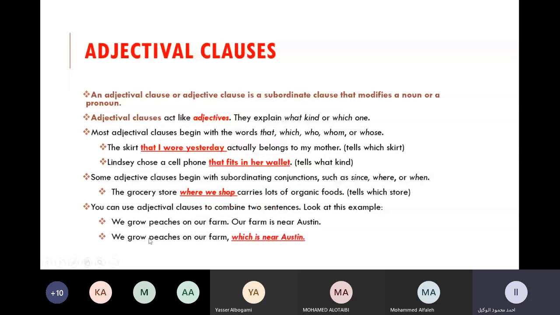Okay, so we grow peaches on our farm, which is near Austin. So all you did here is just to ellipse the duplicated word from the second sentence and also the full stop. Do not forget to remove the full stop because you compound. You have now two sentences. You combine both of them to make just one sentence.